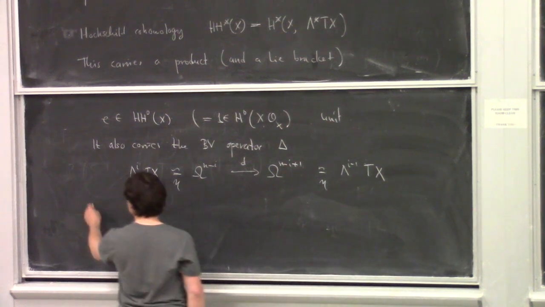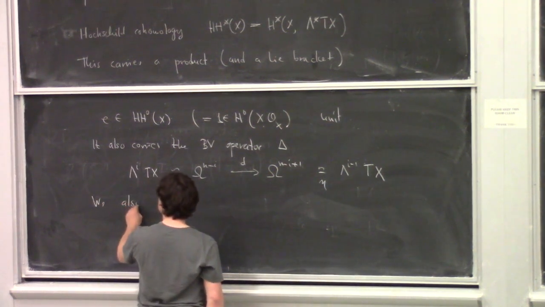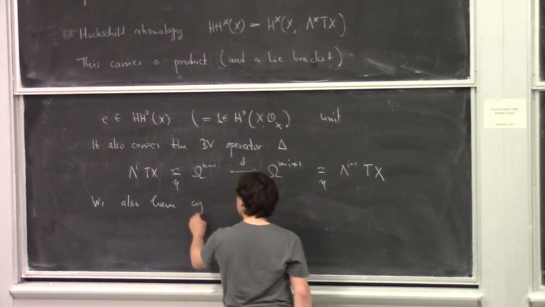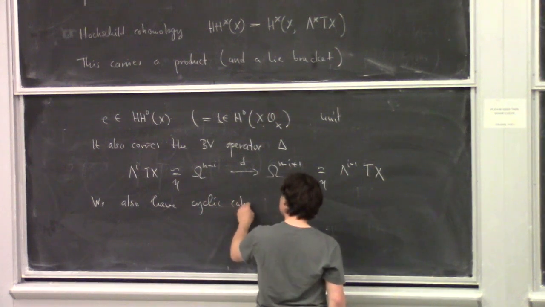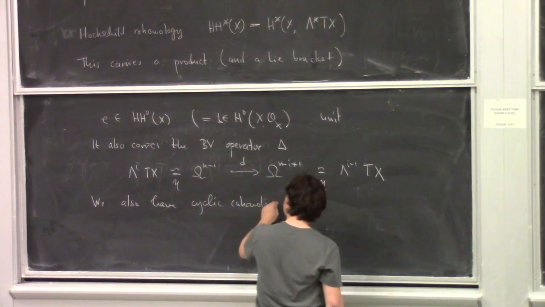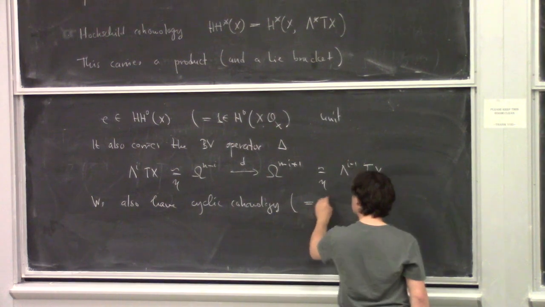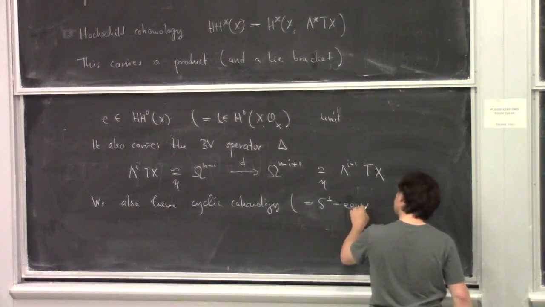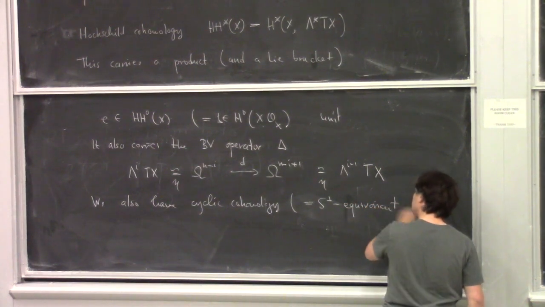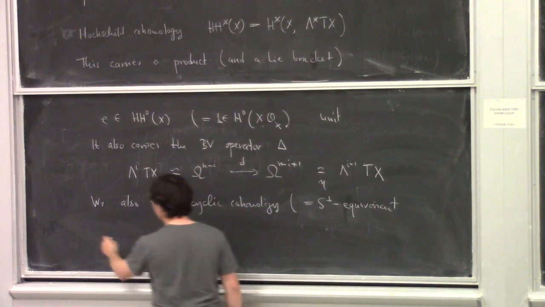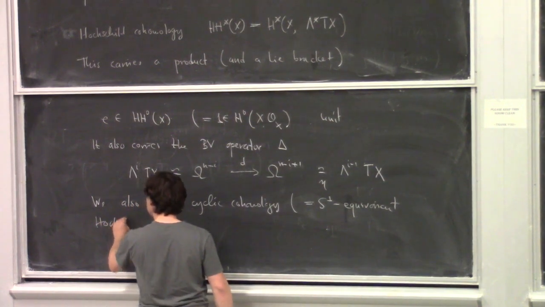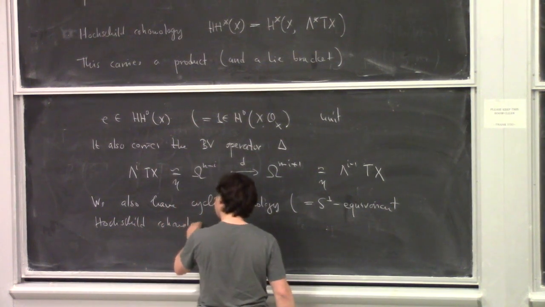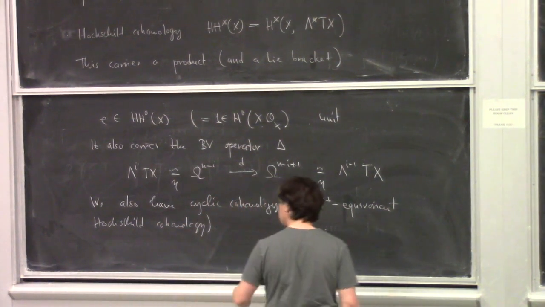So we also have cyclic cohomology, which I will call S1-equivariant Hochschild cohomology. And it's defined as follows.